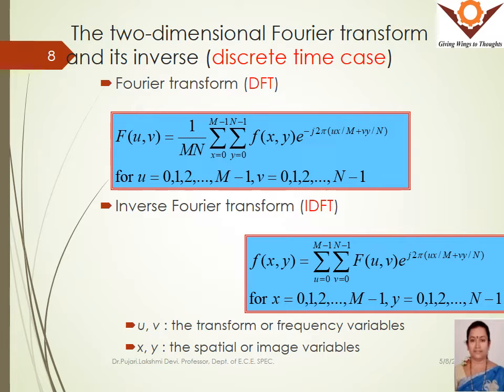u and v are the transform or frequency variables, and x and y are spatial variables or image variables. With this slide you know the difference between the frequency domain two-dimensional representation and the spatial domain two-dimensional representation. Frequency domain means F of u,v is the Fourier transform or frequency domain representation of the two-dimensional function, and the spatial domain representation of the two-dimensional function is f of x,y.